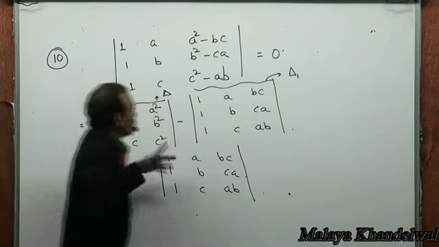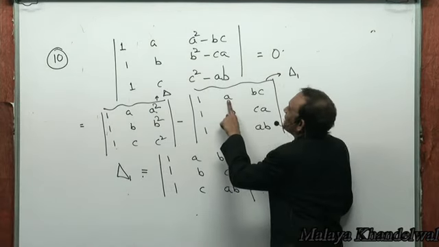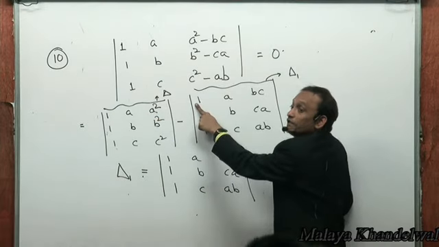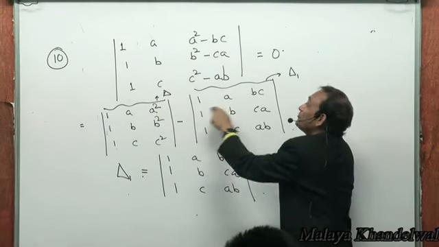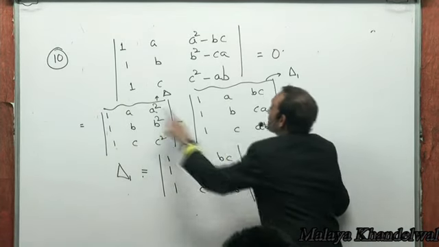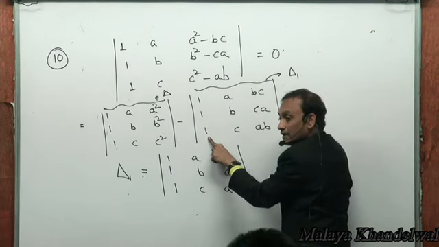Now I want to create a squared and a in the first line. So I multiply the first row by a so that I can get a squared and a. Two terms will match. I want to multiply the second row by b, and the third row by c.